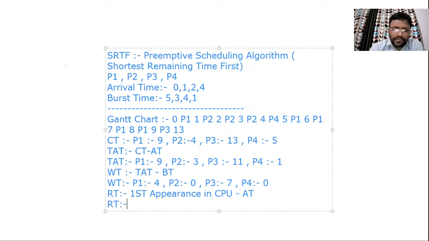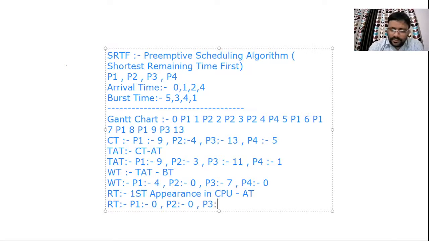For P1, look for the first appearance of P1. This is at 0 and arrival time was 0, so 0 minus 0 equals 0. P2's first appearance is at 1 and arrival time was 1, so 1 minus 1, again 0.